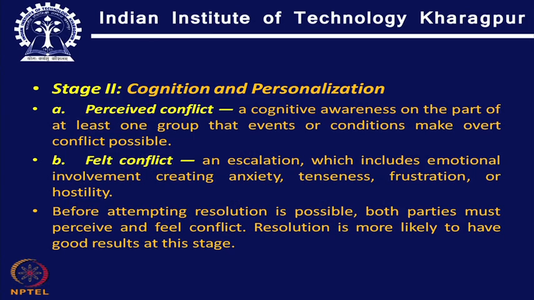Stage 2 is cognition and personalization. In that we get two parts: one is perceived conflict and the other is felt conflict.